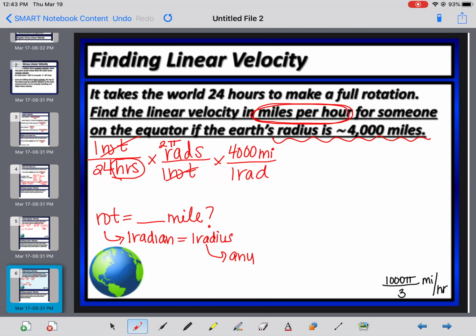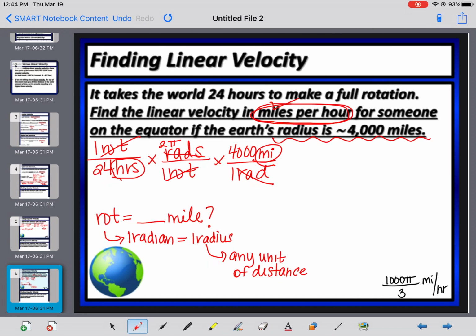And remember, we said this can be any unit of distance. We happen to be using miles here. So now my radians cancel. I'm going to evaluate what unit of measurement I'm in right now. I'm in miles, which is what the problem was asking me to do, miles per hour.